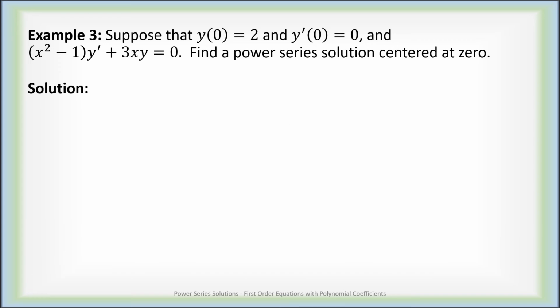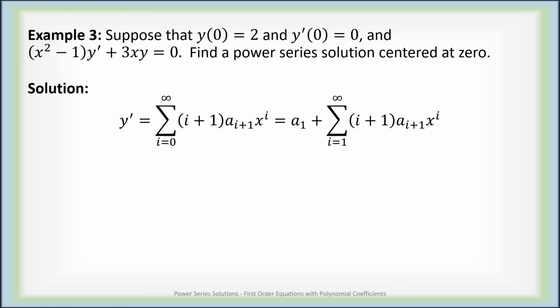So putting together some of those steps, here's y prime as the power series we found. Now for i equals 0, we get 1, a1, the constant x^0, or just a1, plus all the other terms from index 1 going on. So here the sum starts at 0, here it starts at 1, but we have manually added the term corresponding to i equals 0.